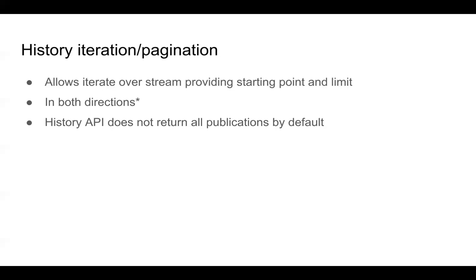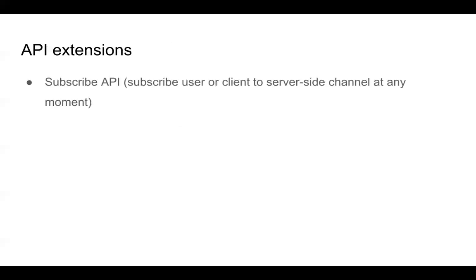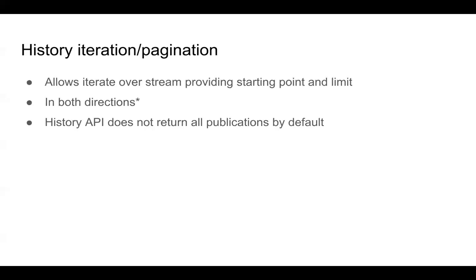You need to explicitly provide a limit greater than 0 to receive publications. I will try to write more details in the migration guide. Any questions about history? No, just say no. Well, okay.